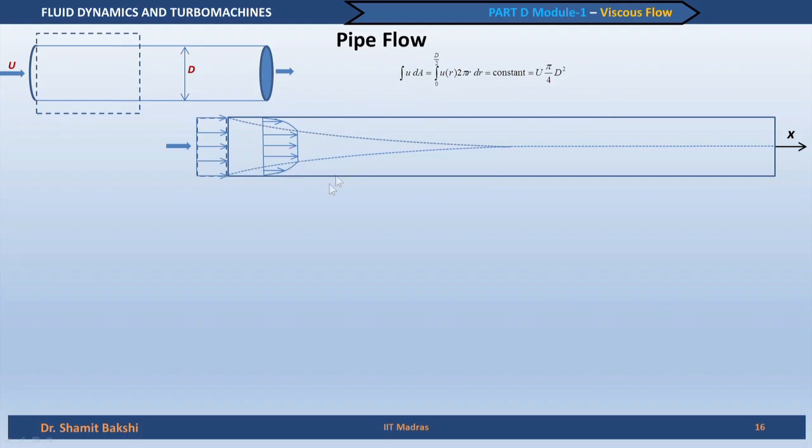So if you go further, what happens? The viscous region increases, because the boundary layer is growing. As the boundary layer grows, the viscous region increases in thickness. So the inviscid region now has to compensate for a larger region of viscous flow in terms of the flow rate.